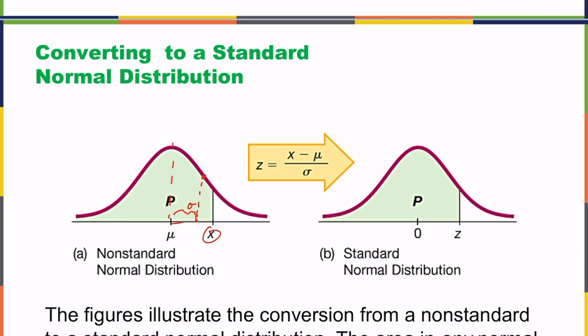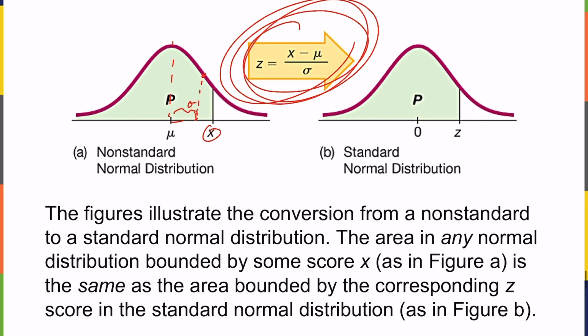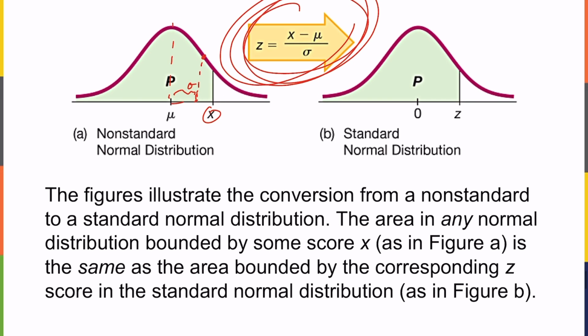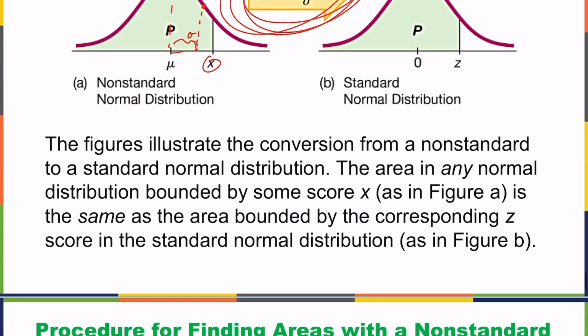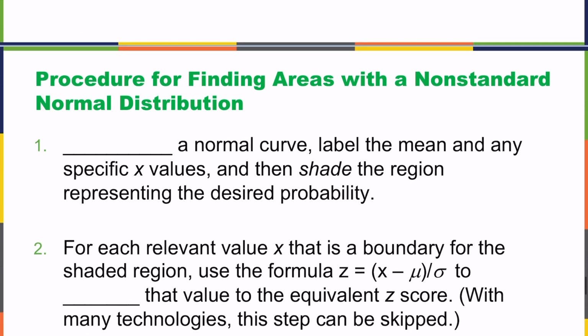So that right there is the golden ticket. That takes you from a non-standard normal distribution to a standard normal distribution. The figure illustrates the conversion. All right, that's fine. Okay. Procedure for finding areas with a non-standard normal distribution. Well, here's what you do. First, you sketch.